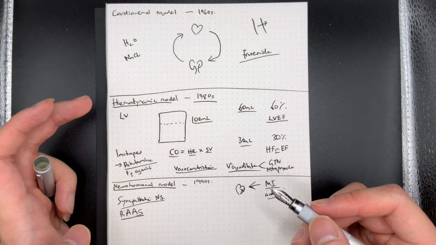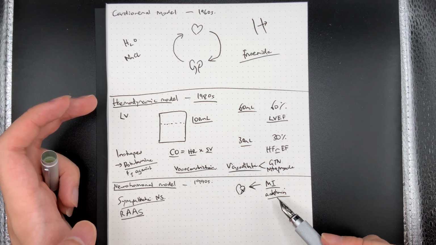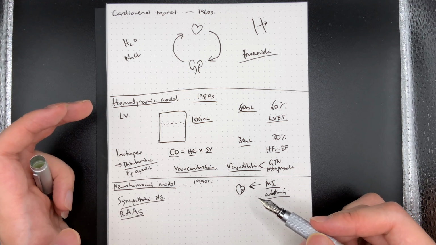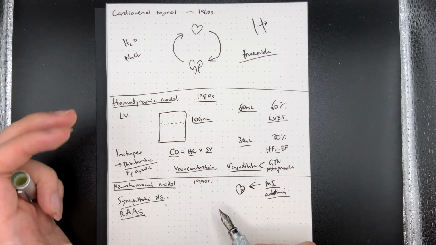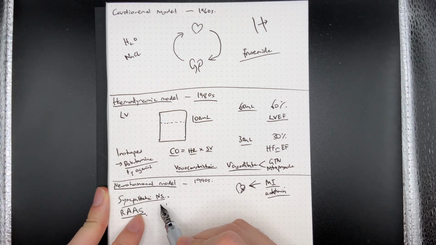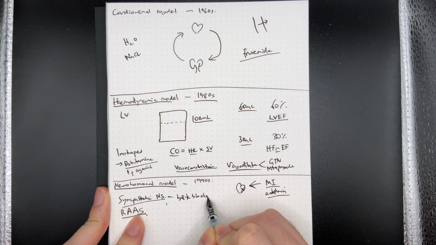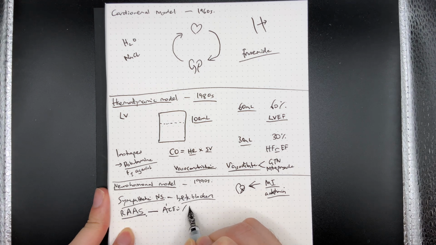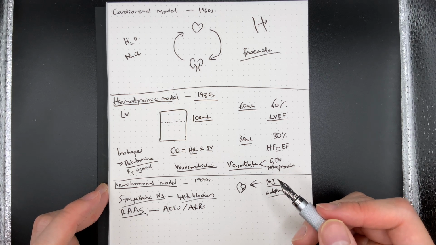So if you were to try and prevent these mechanisms from changing the shape of the heart and the progression of heart failure, we can try and block these systems. How do we block the sympathetic nervous system? We use beta blockers. For the RAS, that's your ACE inhibitors and ARBs, which block along the angiotensin side of things.